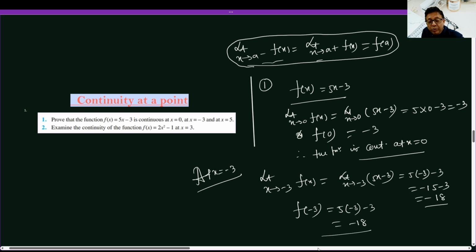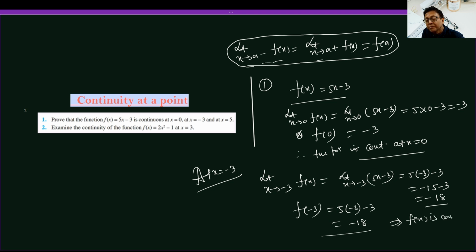They are equal, so the function f(x) is continuous at x equal to minus 3 also. Similarly for x equal to 5, and the technique for MCQ will be the same. Since it's a polynomial function, it will be continuous. In the same manner, you can do it for the second one, that it's a quadratic polynomial. For MCQ, we put the tick, it is continuous everywhere.